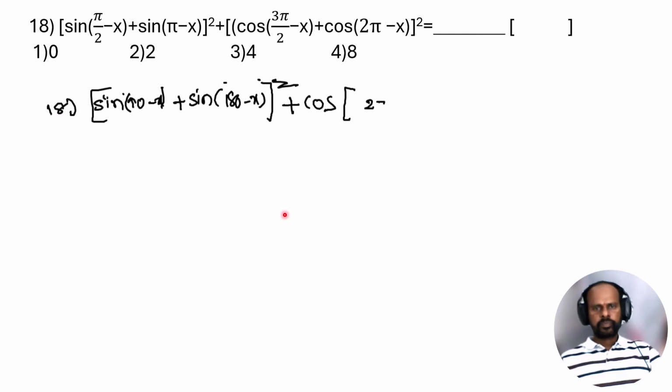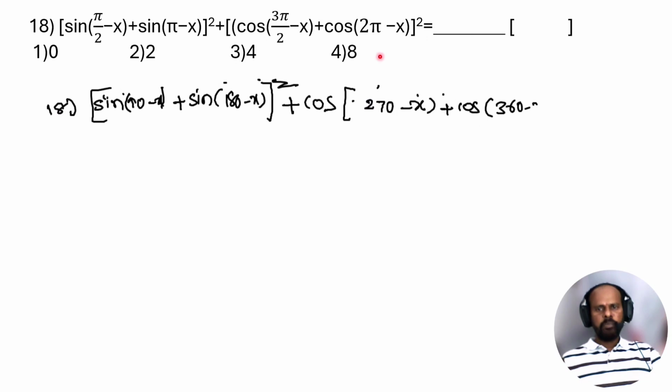And the second term is plus cos(2 pi minus x), where 2 pi can be written as 360, and the total term whole square. Now let us simplify these values.